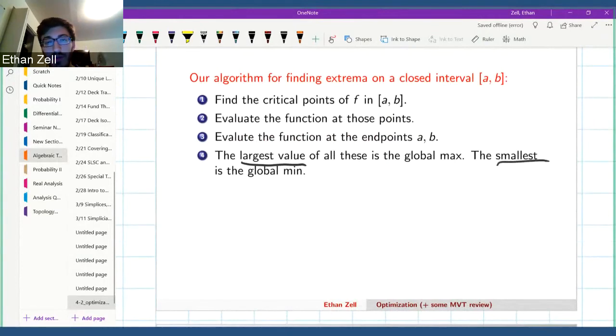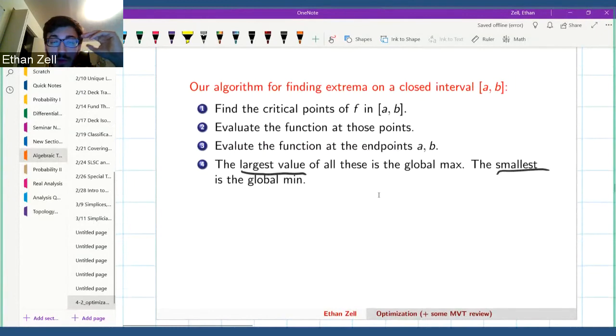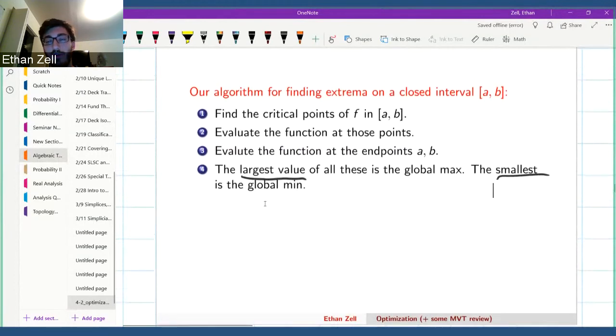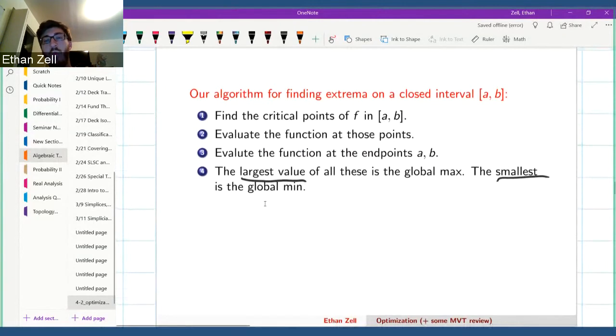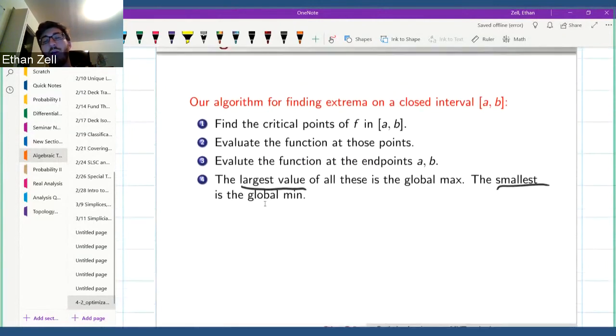That's the beauty of this algorithm: by knowing calculus and computing our critical points, we can just list out the values of the function at those points and immediately see where we're going to get a global max and where we're going to get a global min.